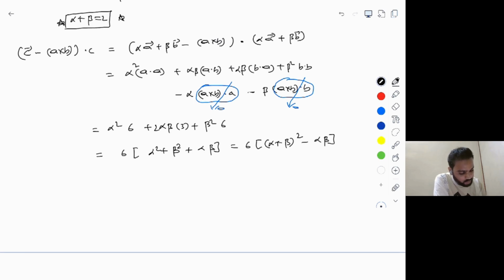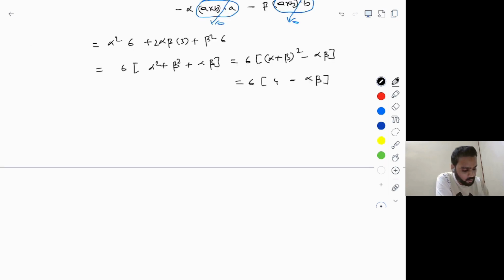And alpha plus beta is 2, and finally, this is 6 times 4 minus alpha into beta. 4 minus alpha into beta. Okay. Now we'll try to eliminate the second variable beta, that is 4 minus alpha times beta, which is nothing but 2 minus alpha.